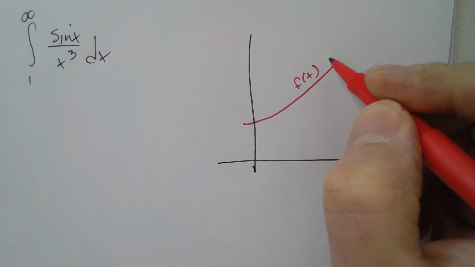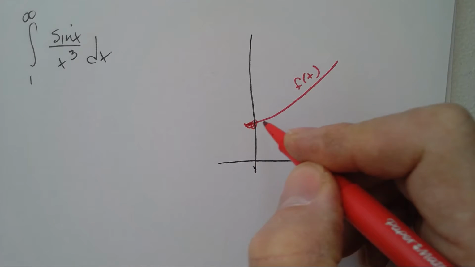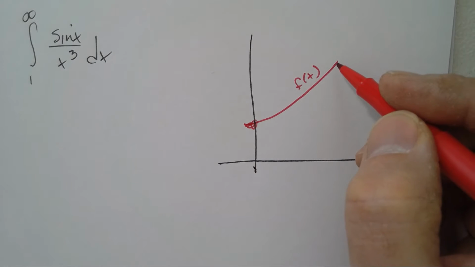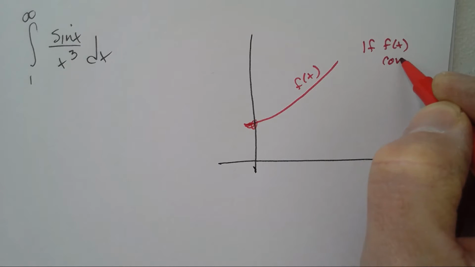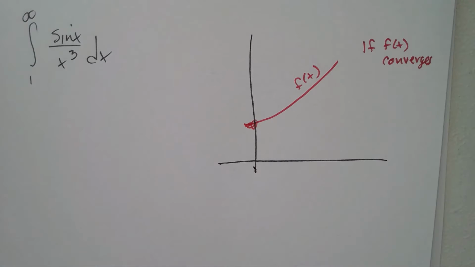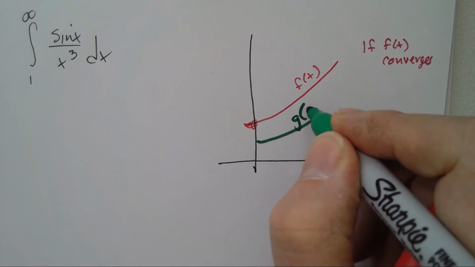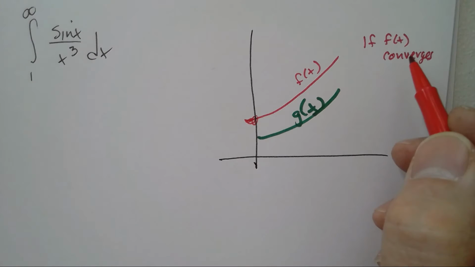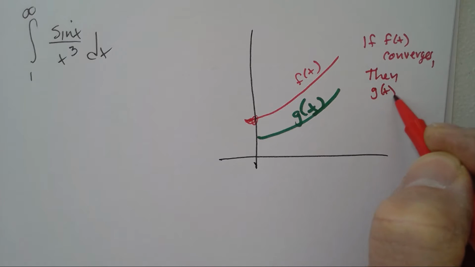If I want to integrate or find the area underneath the curve of f of x from 1 to infinity, or whatever, and I know that f of x converges and it is bigger than g of x, so if f of x is bigger than g of x, and I know that f of x converges, then g of x must converge.